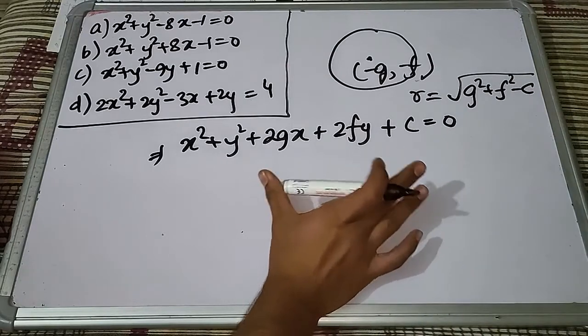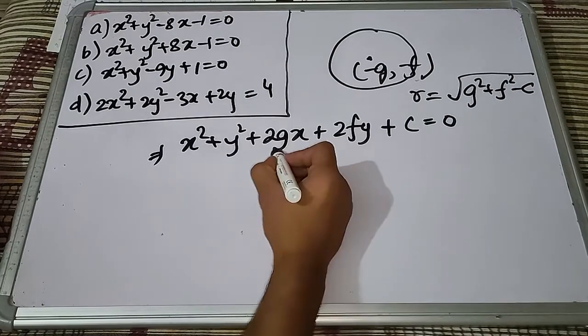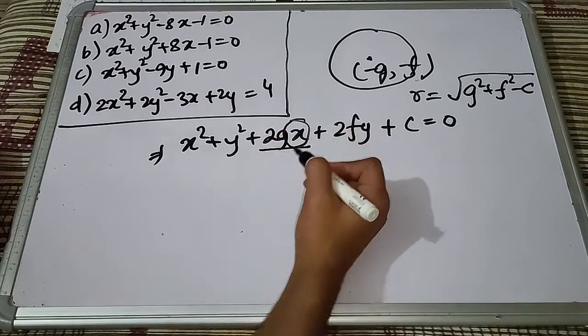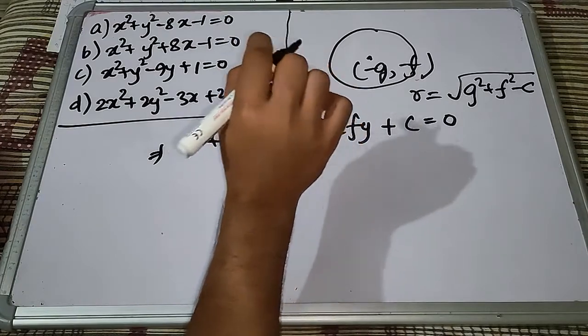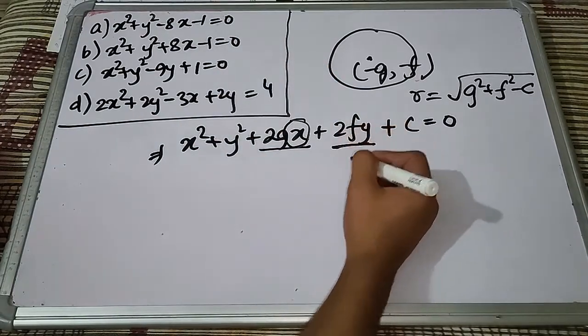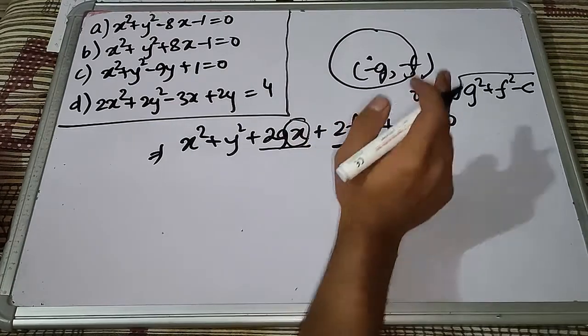This is the standard way of representing the equation of a circle. So you can see that if you divide the coefficient of x by minus 2, you get the x coordinate of your center, and if you divide the coefficient of y by minus 2, you get the y coordinate of your center.